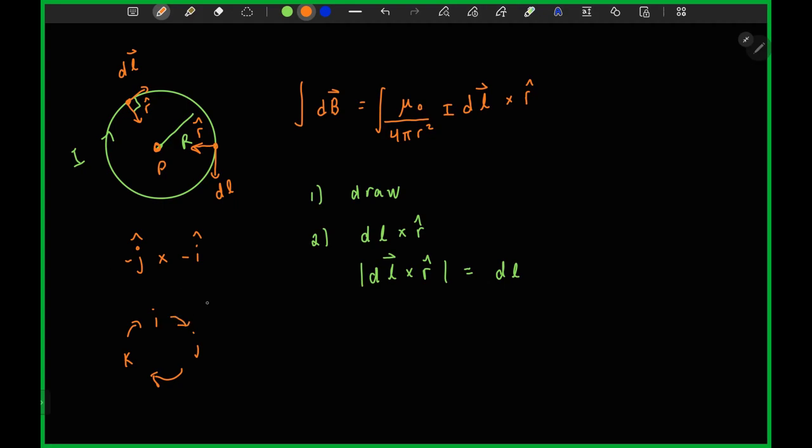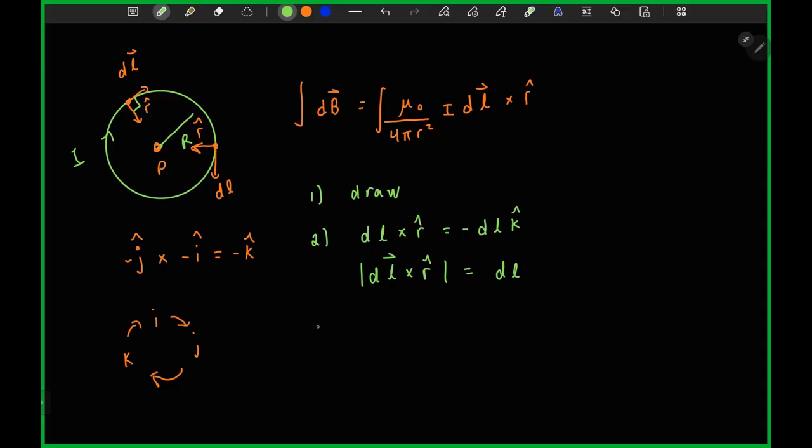So overall, we end up with a negative k. Our field is going into the page. And I leave it to you to confirm that this will not change as we consider different contributions along the wire. So we've completed step 2. dl cross r hat is equal to dl times negative k.